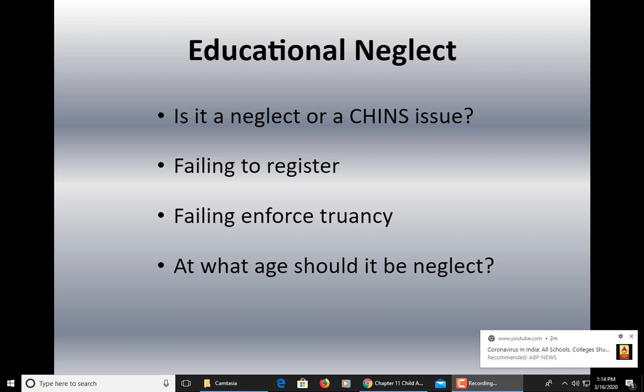CHINS, the acronym, stands for Child in Need of Services. Now, I already gave examples of basic neglect, but some parents have incorrigible children. They refuse to go to school. The parents try everything they can to get them to school, but they can't.